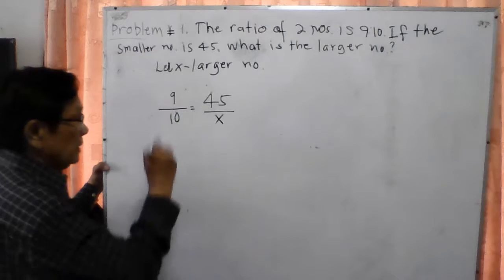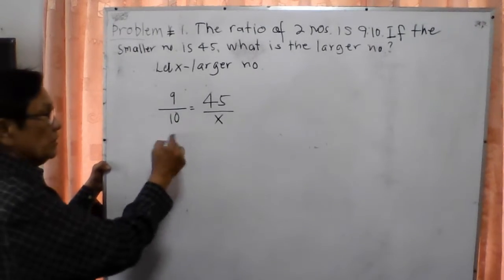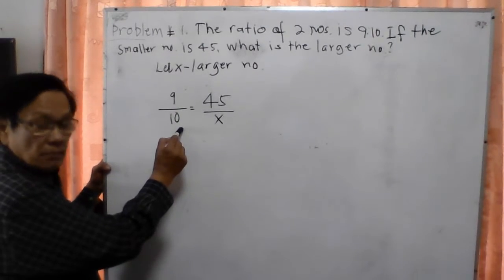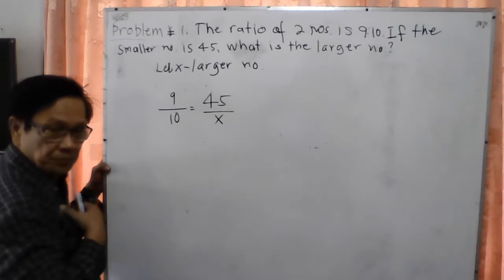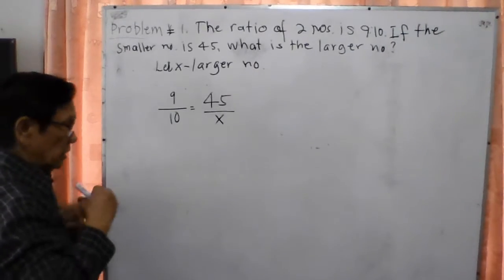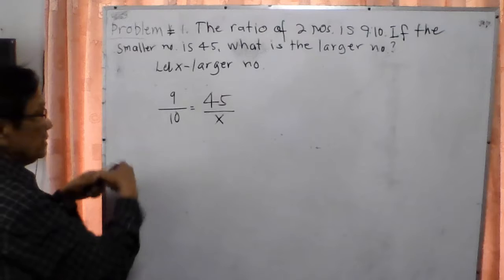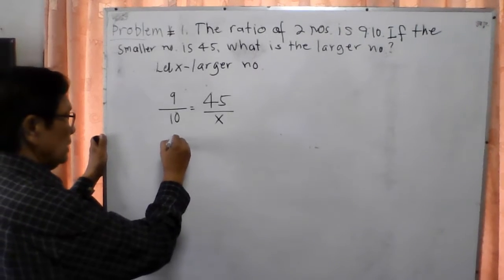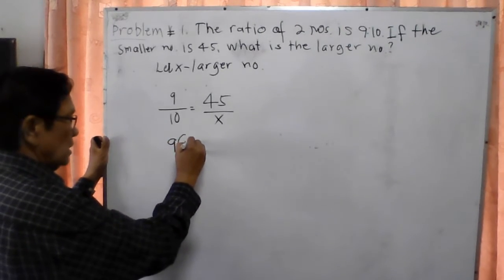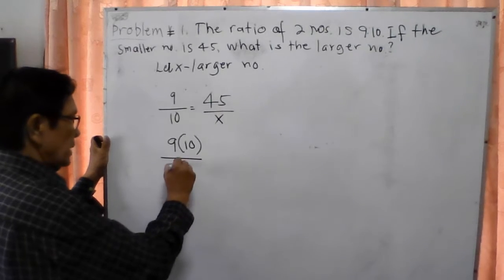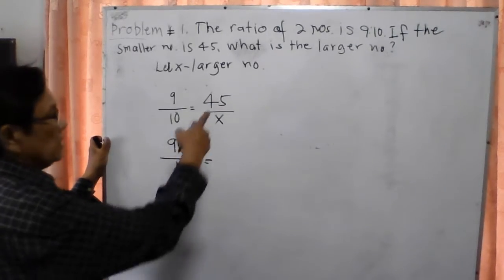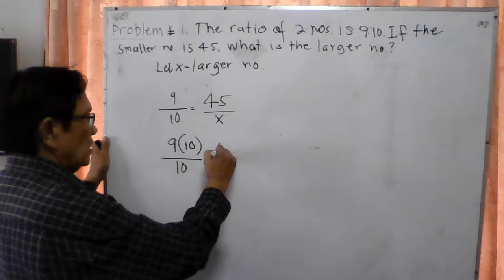In this case, since we would like to eliminate 10, the denominator, we multiply this by 10 divided by 10, which we shall also do on the other side of the equation.